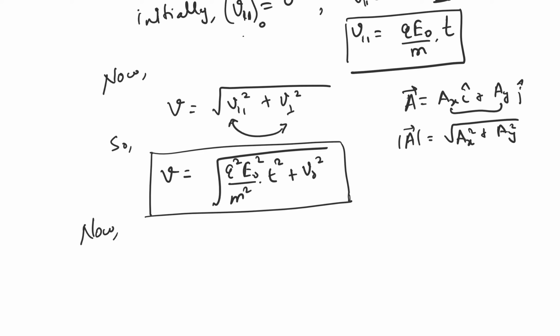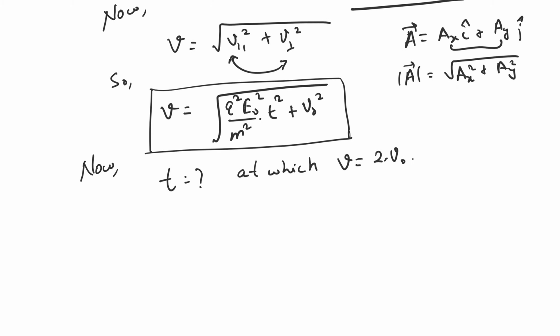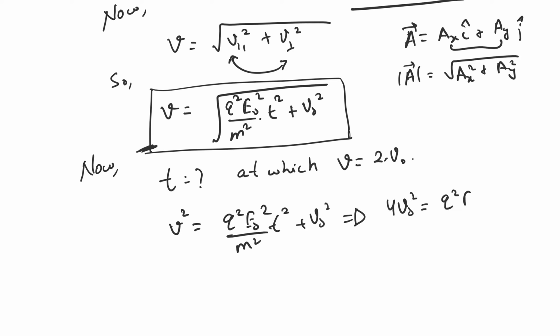Now the question is saying we have to find the time at which the velocity is twice the initial velocity. So V is equal to 2V naught. If we square this equation, we'll get V square is equal to Q square E naught square upon m square into t square plus V naught square. This will give you 4V naught square is equal to that plus V naught square.